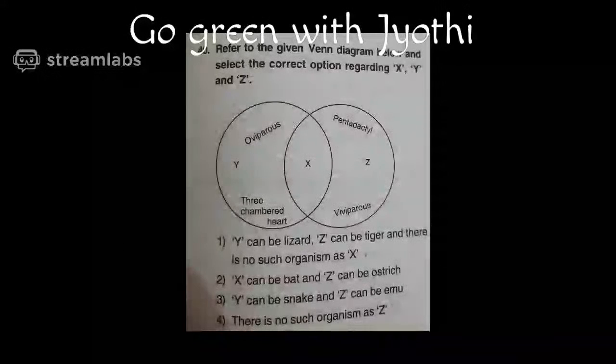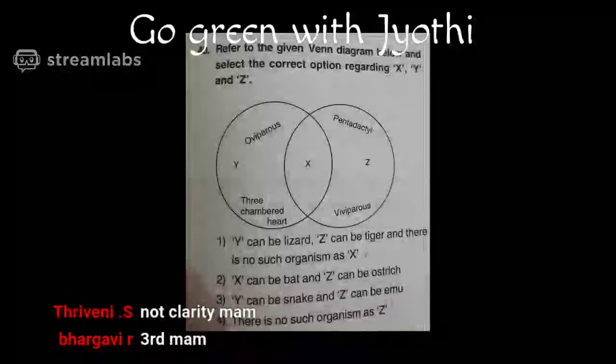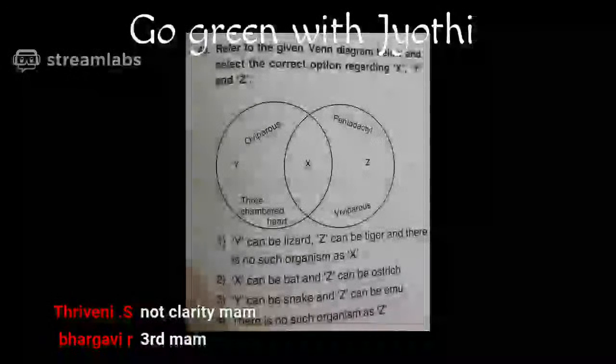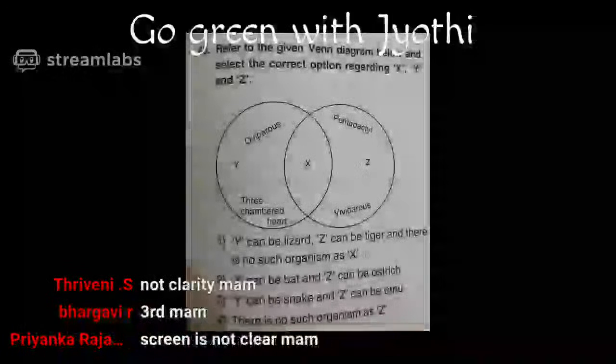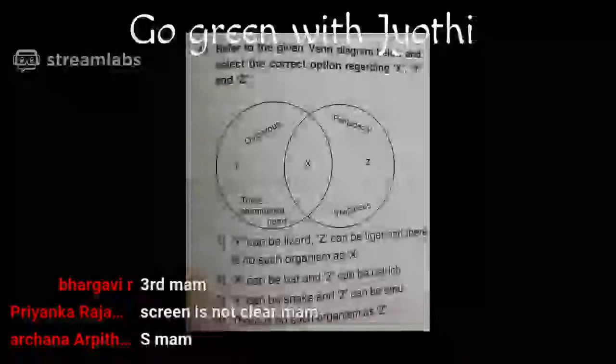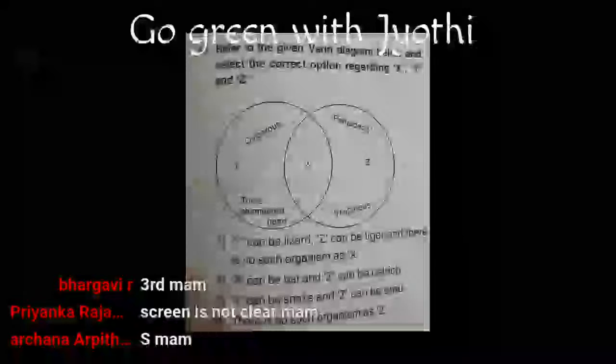Have you all gone through the options? It is a reptile. How many chambers are there? The reptiles have how many chambered heart? Remember, Z can be tiger, which gives birth to young, and X, such an organism.